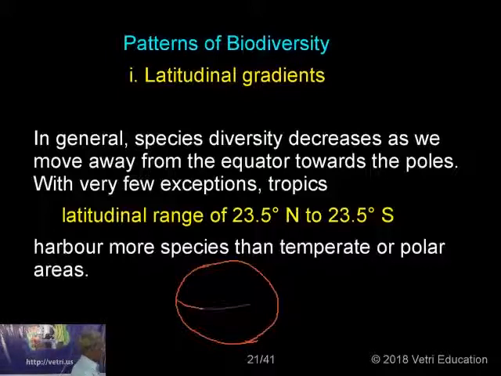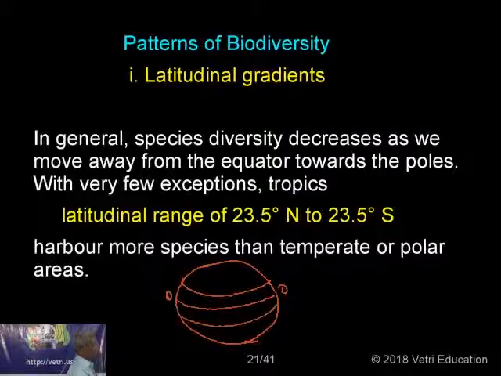So, equator is 0, then 23.5 is the Tropic of Cancer and the Tropic of Capricorn, on this side and that side, north and south. Towards the poles, with very few exceptions, within the latitudinal range of 23.5 north to 23.5 south, the maximum biodiversity is there.